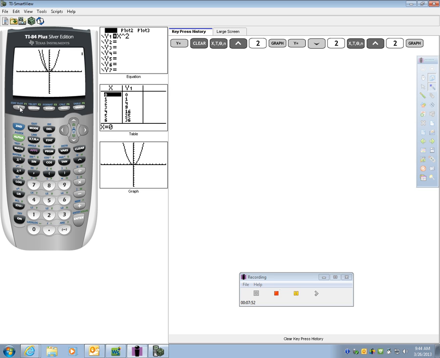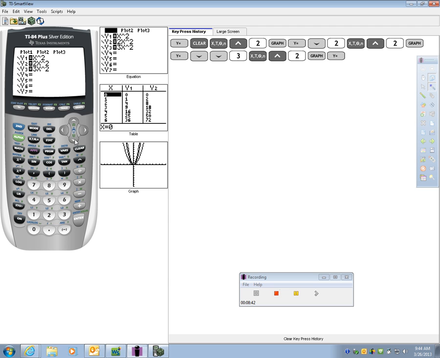Okay, so now I think the next thing I had on that previous slide is what happens if I had an a value of 3. Let's try it. 3x to the second power. And let's see what happens there. And you can see it's even stretched a little more. Or what if I did y equals 5x to the second power?